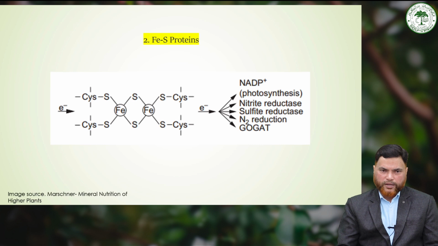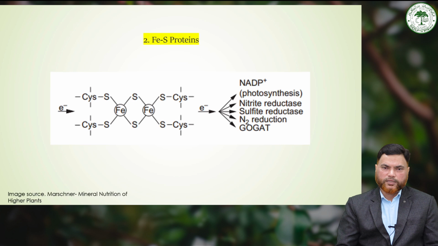And ferredoxin is a well known iron sulfur protein acting as an electron carrier in various metabolic processes, as shown in the figure. Isoenzymes of superoxide dismutase contain an iron sulfur metal component involved in detoxifying the superoxide anion free radical.